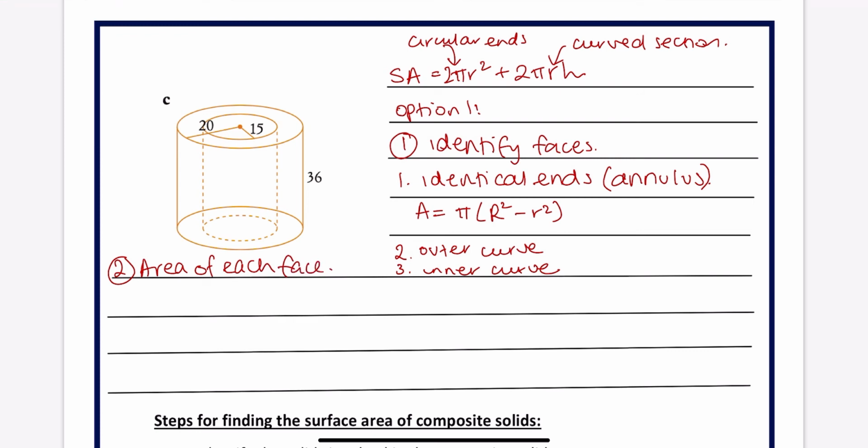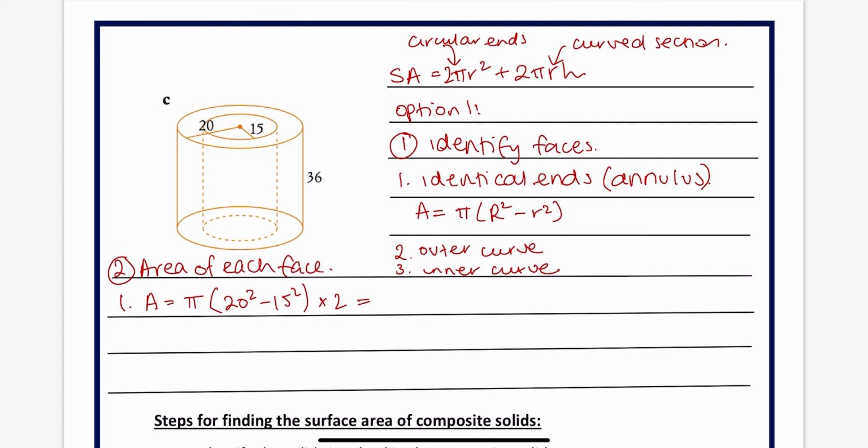Okay, so the top face: the area of the top face is pi, our bigger radius, 20 squared minus 15 squared, and the closed bracket. And because there's two of those, we're going to times this by 2. I'm going to leave this in exact form so that it will be easier to work with later, and we don't have any rounding issues.